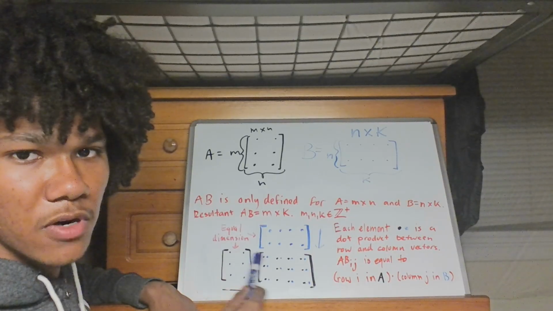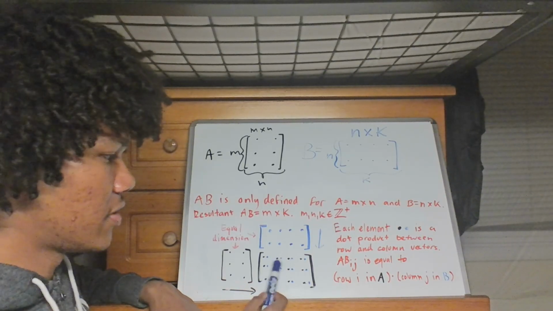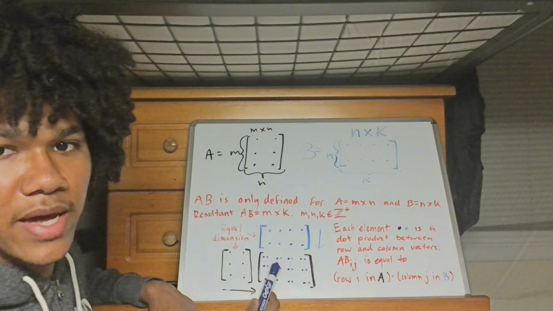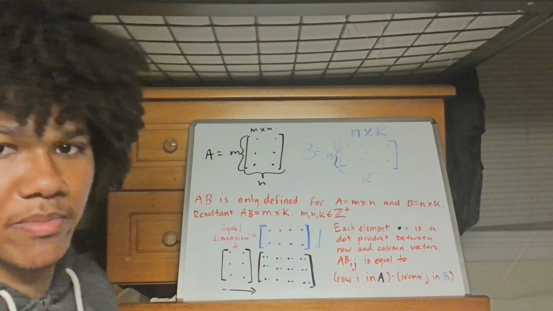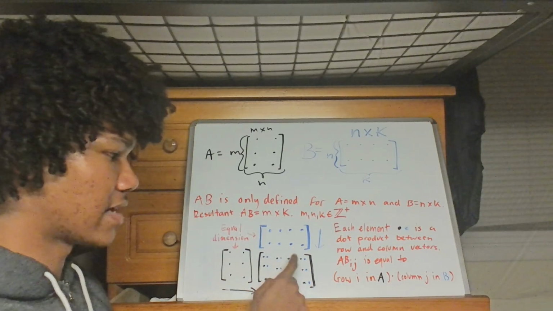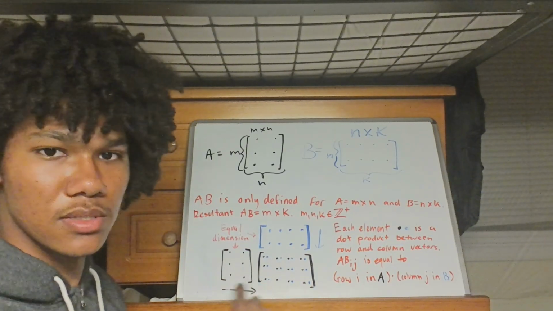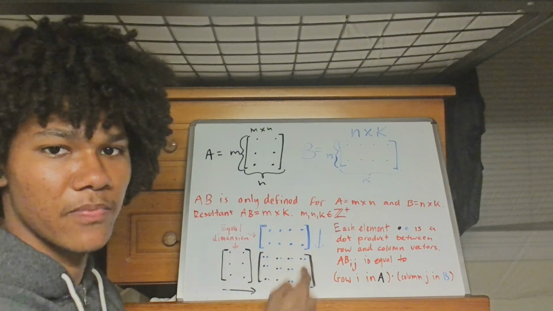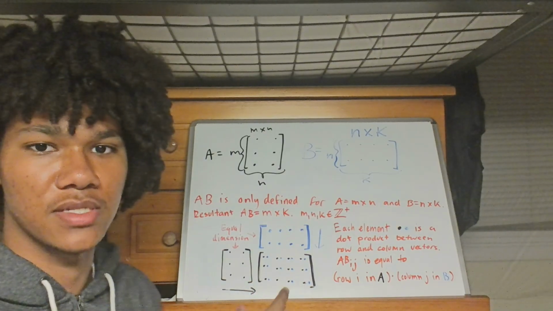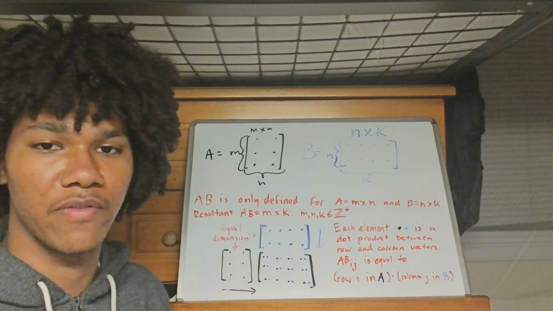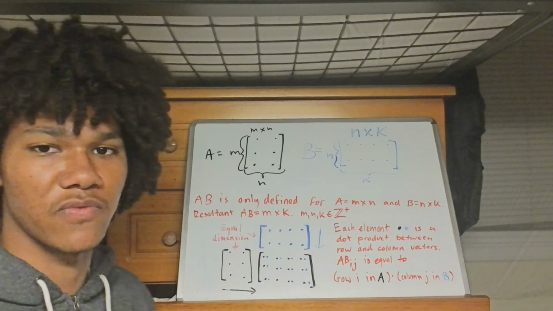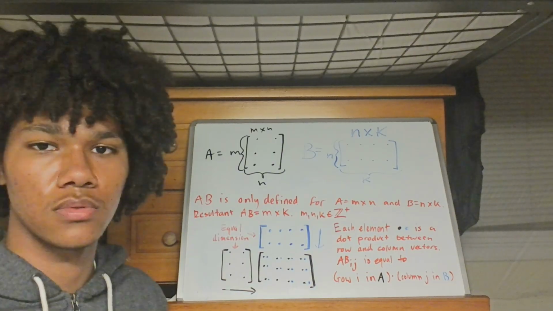If you take the first row and the second column, this element here is going to be that dot product. Pretty much imagine it as grid lines with lines going like this and lines going like this. Each pair of dots represents a dot product that you'd arrive at with the respective row and column vectors.